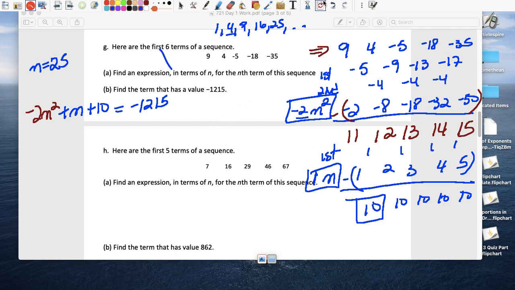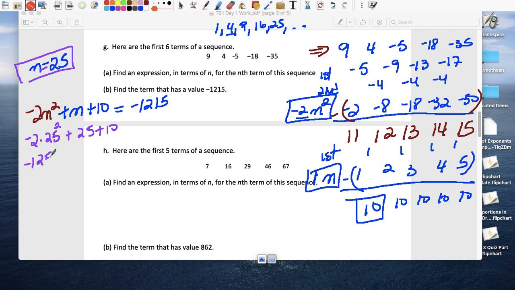So when n equals 25, will our answer be negative 1,215? Well, let's substitute. So it's negative 2 times 25 squared plus 25 plus 10. 25 squared is 625, times 2 is 1,250.